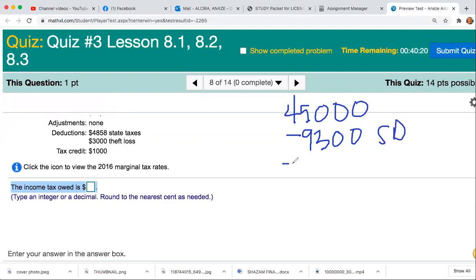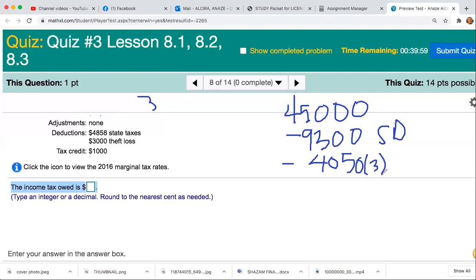Then we're also going to take our exemption. The exemption is per person. This tax return has 3 individuals because it's an unmarried head of household with 2 kids. So $4,050 times 3 for each of the individuals on the tax return.